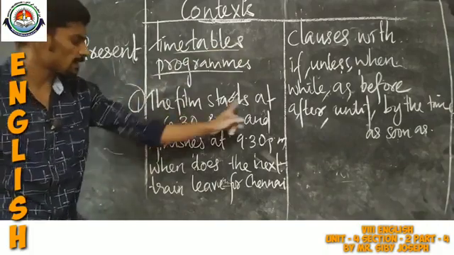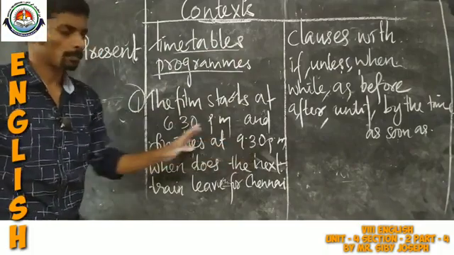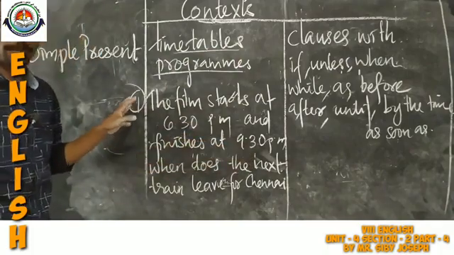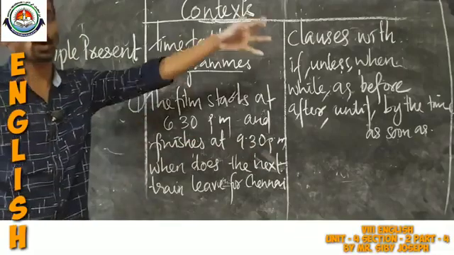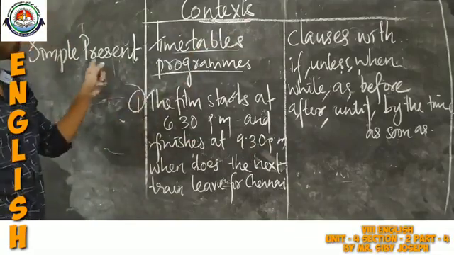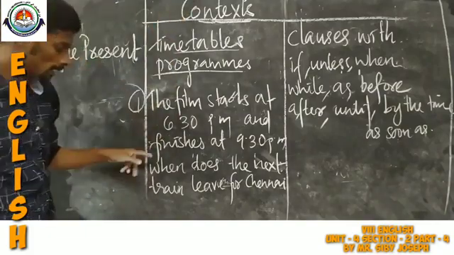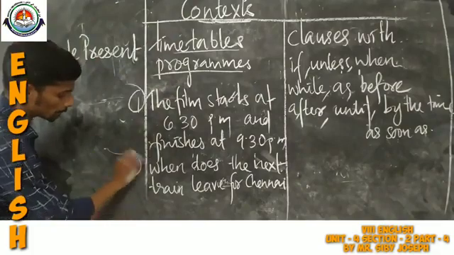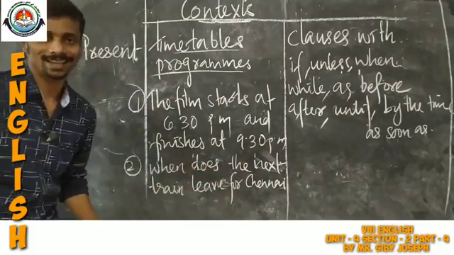So the film starts at 6:30 p.m. and finishes at 9:30 p.m. Because it is about a program, something which is going to happen, we use simple present with a future meaning. Then look at the second example: when does the next train leave for Chennai?